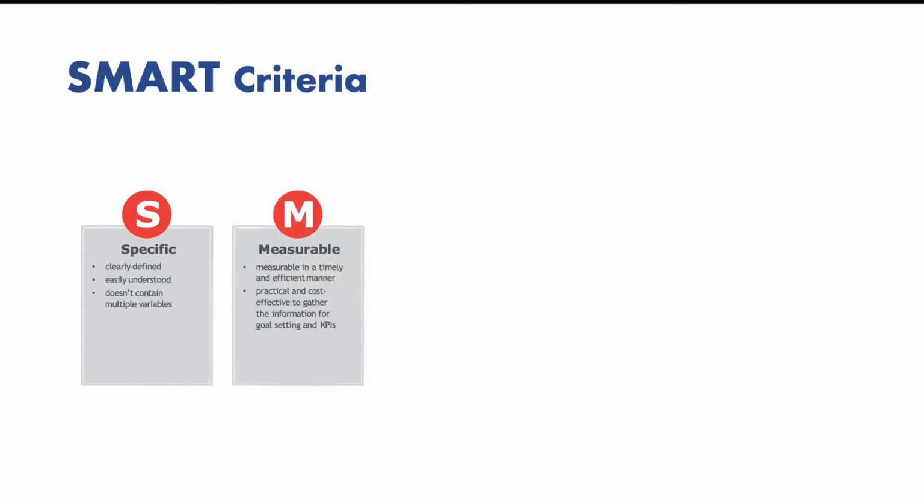Then after that, measurable. Measurable in a timely and efficient manner, practical and cost effective to gather the information for goal setting and KPIs. Just keep in mind your goals and objectives must be specific, to the point, and measurable.